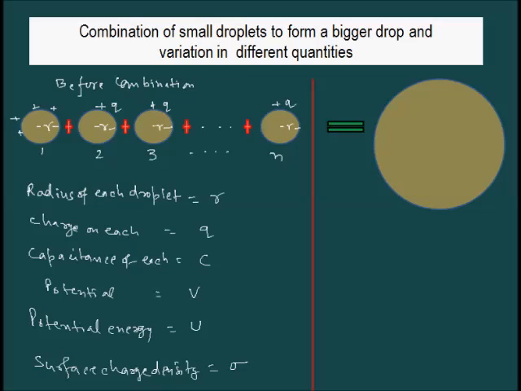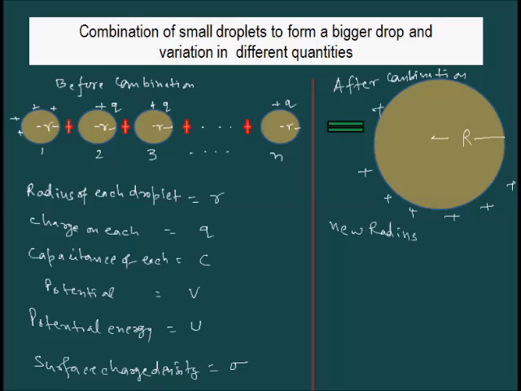Now when they combine together, after combination they form a big charged drop. Its radius is let R. The parameters change after combination.